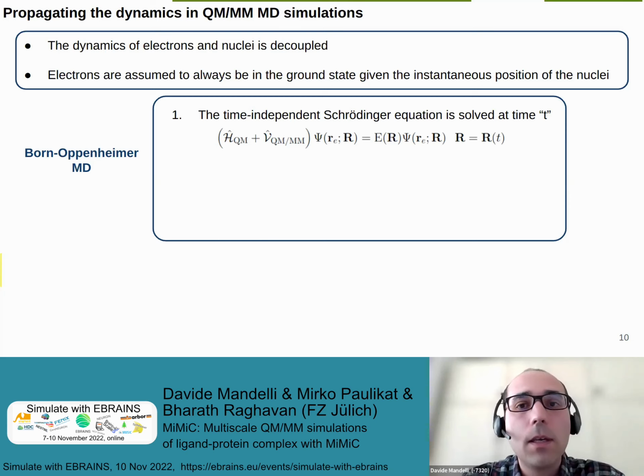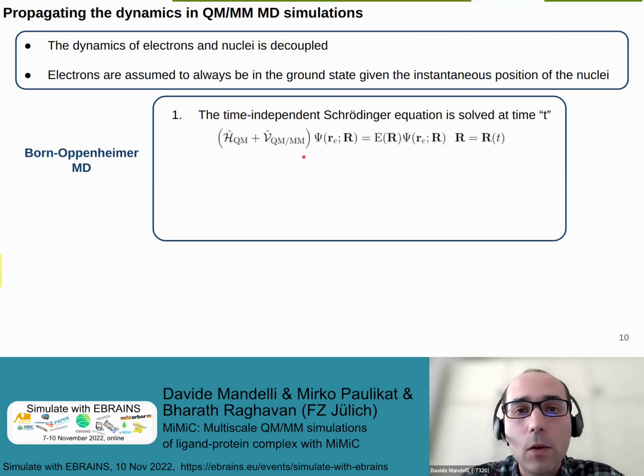With this assumption, we can consider the electrons to be always in their ground state configuration for the given positions of the nuclei. A Born-Oppenheimer molecular dynamics step, therefore, involves first solving the quantum mechanical problem for the QM subsystem, so solving the Schrödinger equation, given the quantum mechanical Hamiltonian describing the interaction within the QM system, and the QM/MM interaction potential.